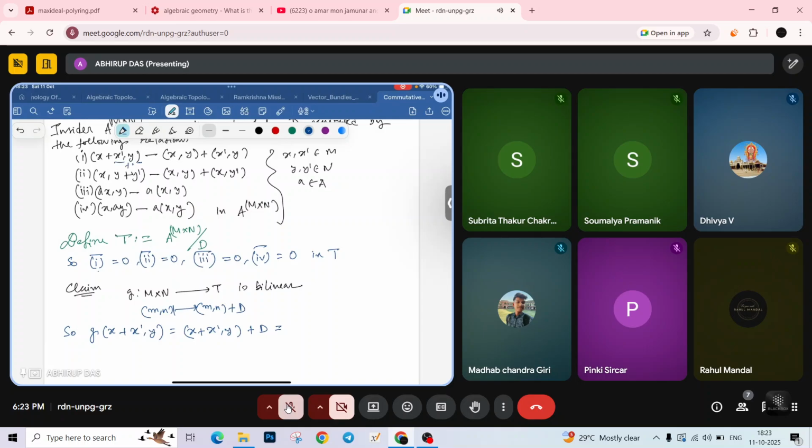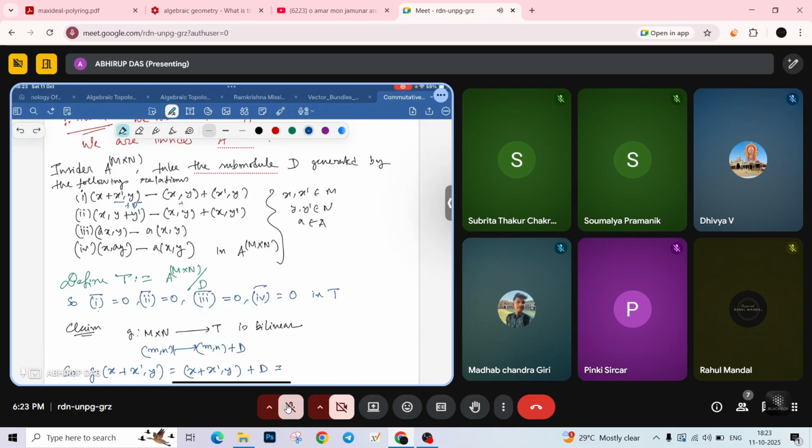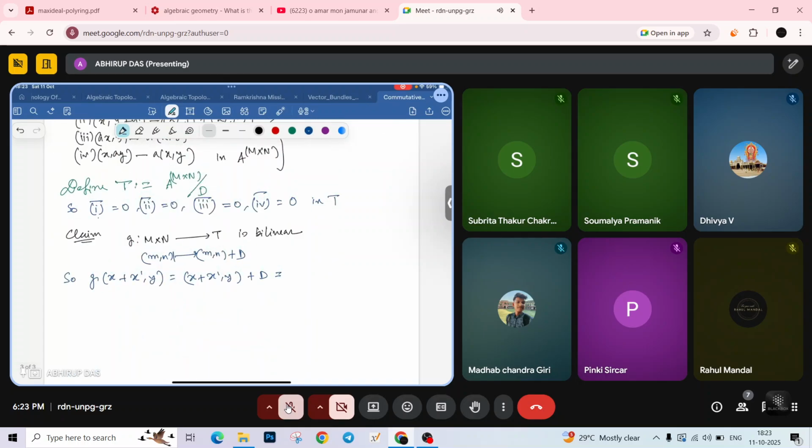So this element plus D is equal to this element plus D plus this element plus D. So this is nothing but (x, y) plus D plus (x prime, y) plus D. That is g(x, y) plus g(x prime, y).